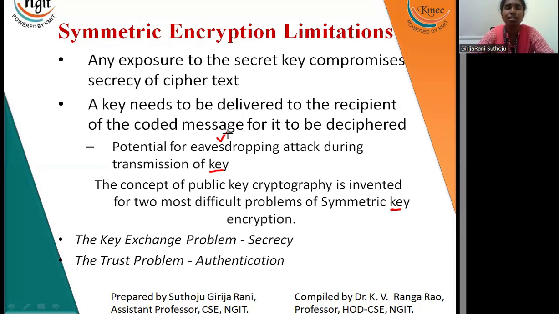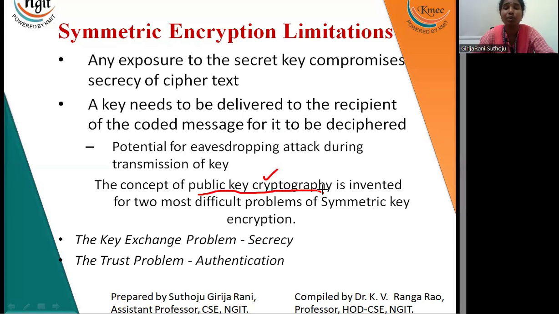Other than this, symmetric key encryption is a perfect thing, right? Now, when we have this kind of limitation, how are we overcoming that? To overcome that, we are moving to the concept of public key encryption. Public key cryptography or public key encryption, asymmetric key encryption or asymmetric key cryptography, we can call it in four ways, right?